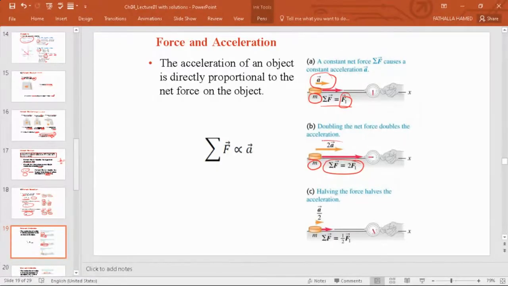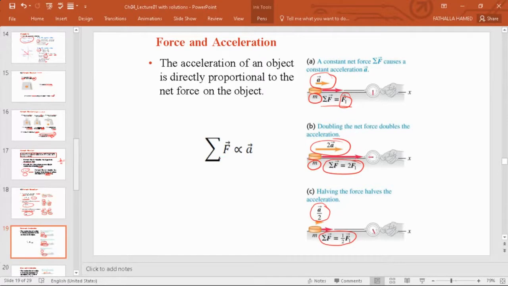I will find that my acceleration doubled. If now I apply half of the force and I keep the mass the same and I measure my acceleration, I find that I get half the acceleration.